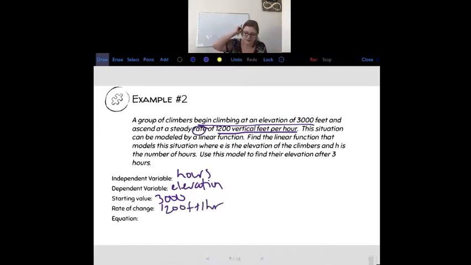Okay, so when we use the equation, E is elevation and H is the number of hours. E is our dependent variable, so using dependent equals rate of change times independent plus initial, we have E equals 1,200 times the independent variable plus the starting value.